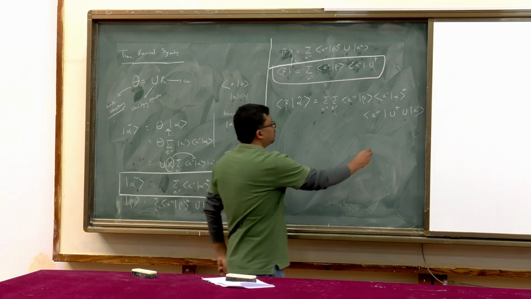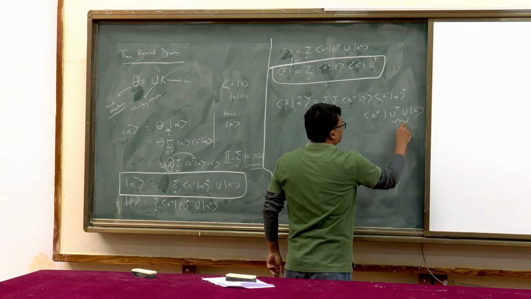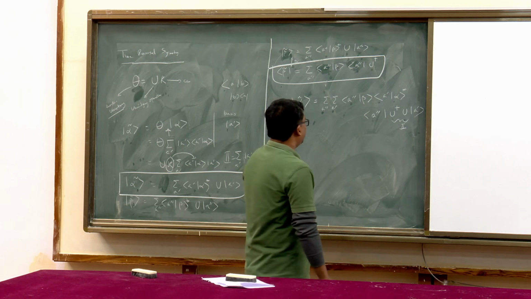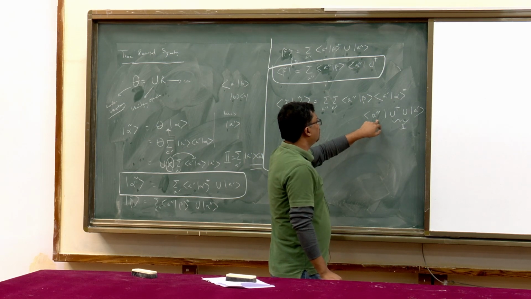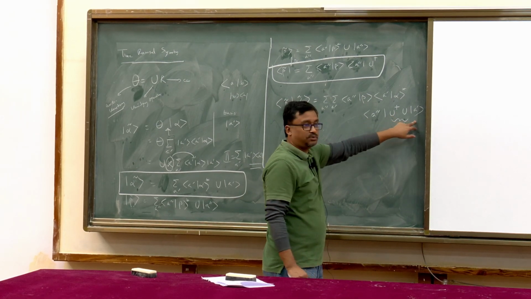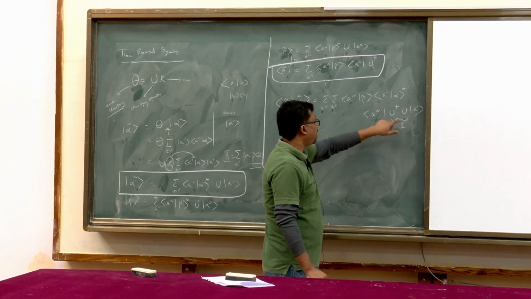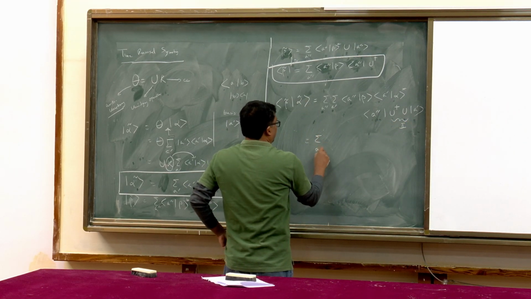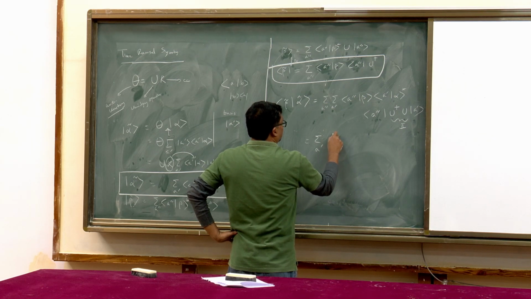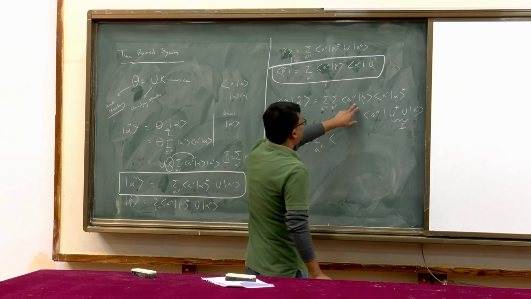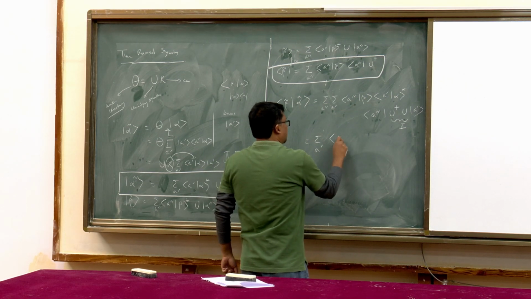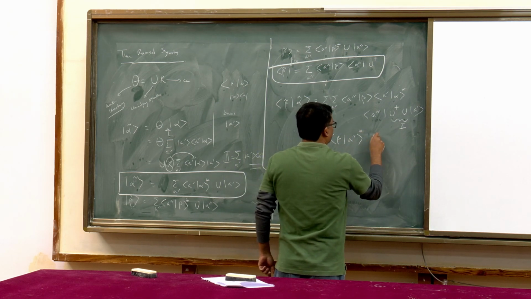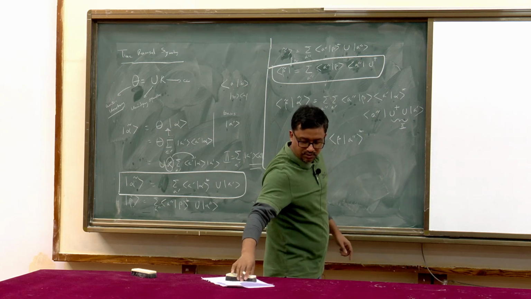Now, u dagger u is identity, and we have taken a complete orthonormal set, which means that A double prime has to be equal to A prime. Let me write it in a slightly different way.